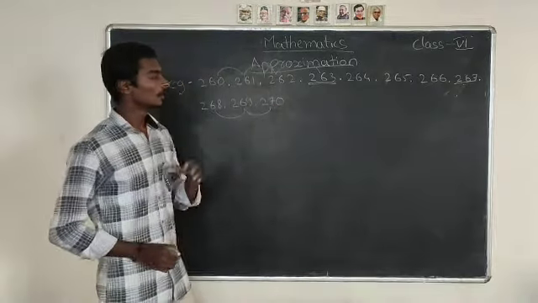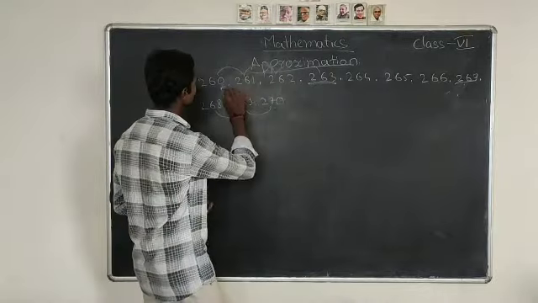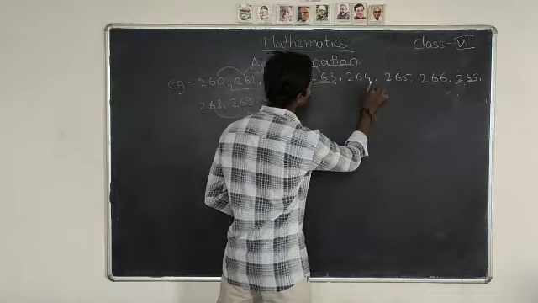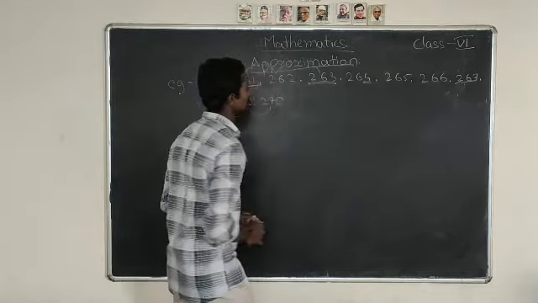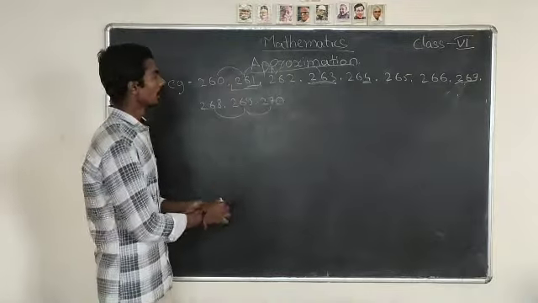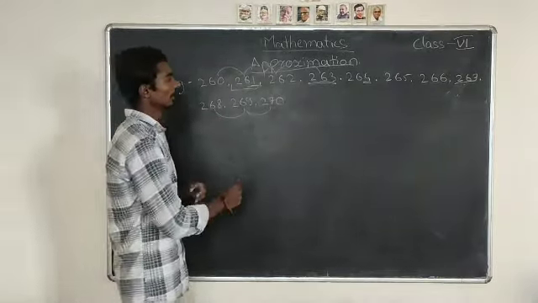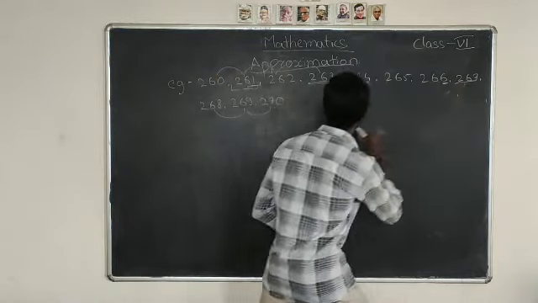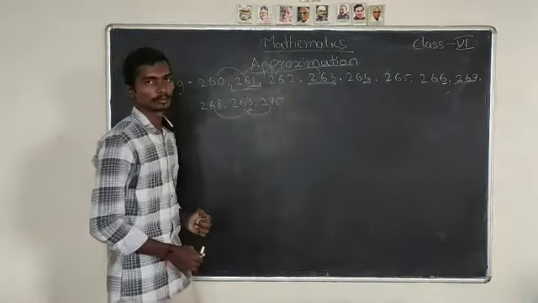Now let's see how approximation is done clearly. From 1 to 4, if I get any number in between, I'll approximate it to the previous number. And if I get a number from 6 to 9, I'll approximate it to the next number.